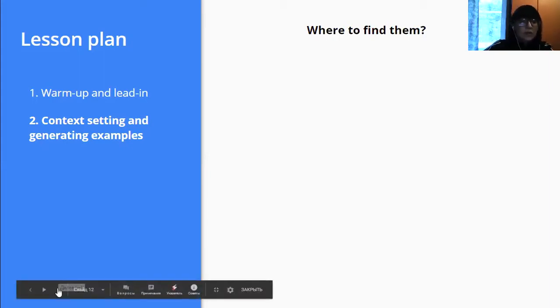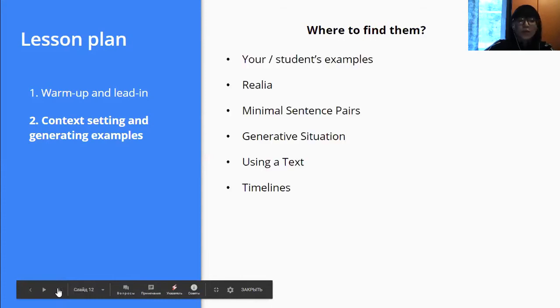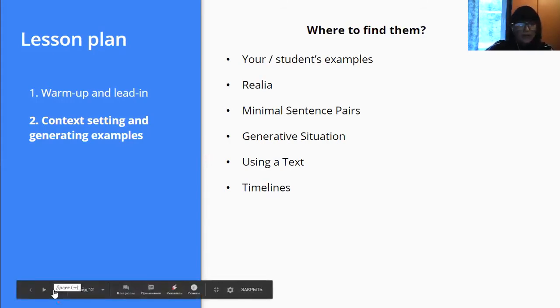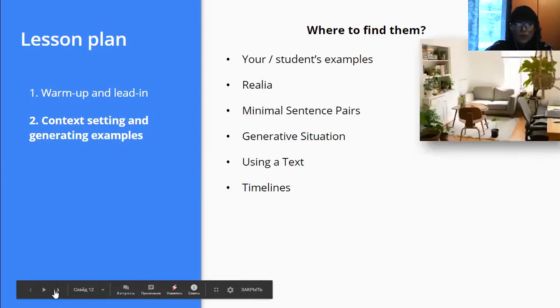And in this case, there are so many ways to do that. For example, YouTube videos, very short videos, or even songs, some lines of the songs, or your student might provide you with some examples, minimal sentence pairs, a generative situation like a role play, using the text, a timeline, something like that. So actually, there are so many ways to do that.